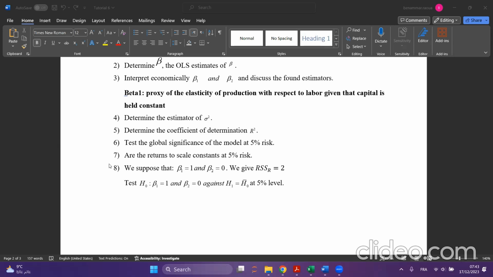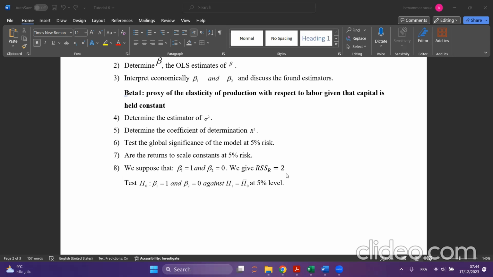For the last question, we suppose that beta 1 is equal to 1 and beta 2 is equal to 0. And we are given the RSSR, which is the restricted RSS, equal to 2. This is also a test of linear restrictions, except that we have the value of the restricted RSS.